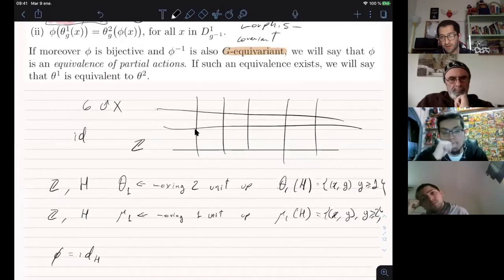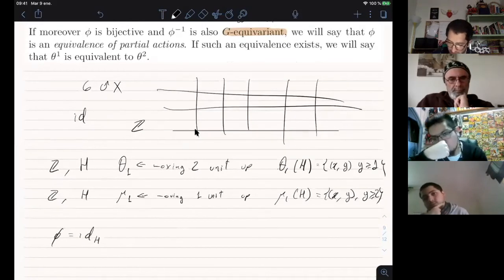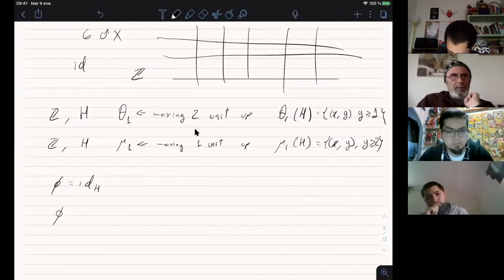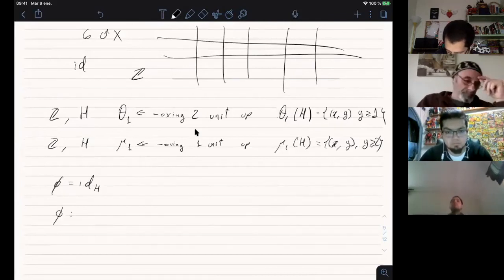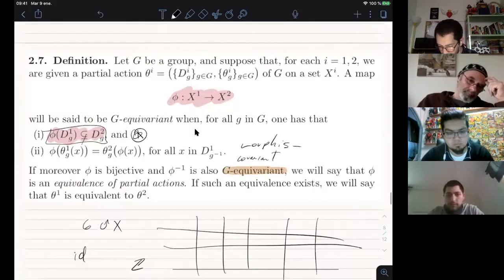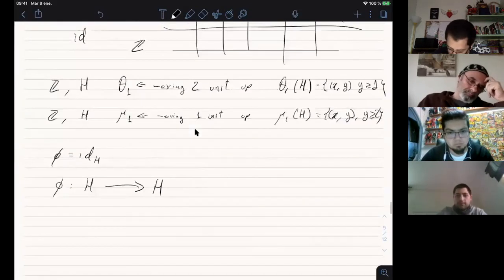As we can see now, we consider this morphism going from H to H, but here we consider the action mu, and here the action theta.